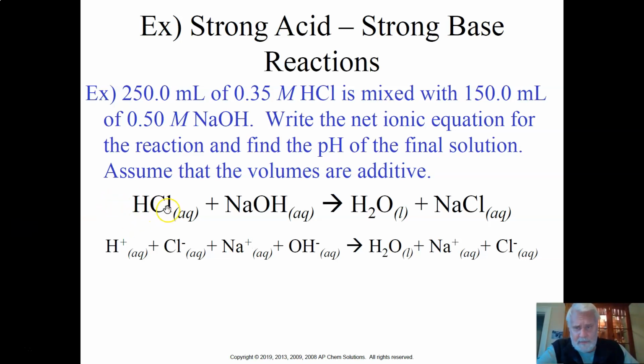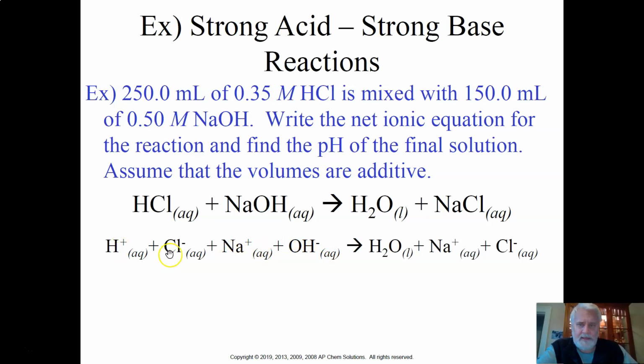This hydrogen chloride, especially since it's strong, is going to dissociate and you're going to have hydrogen ions and chloride ions, and NaOH is soluble and also a strong base, so that'll drive it into dissociating.